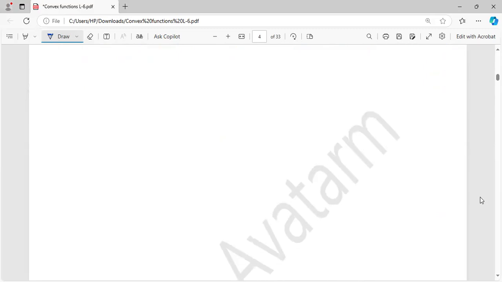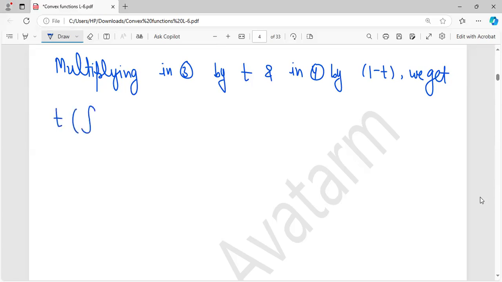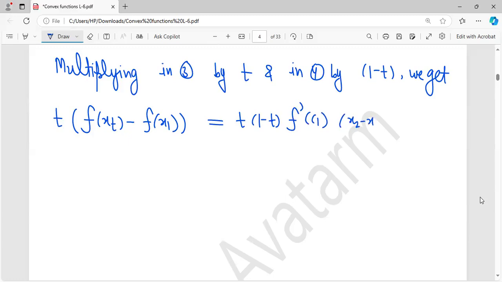Now, multiplying 3 by t and 4 by 1 - t, what do we get? This will be t(f(x_t) - f(x1)) equals t(1 - t) f'(c1)(x2 - x1).